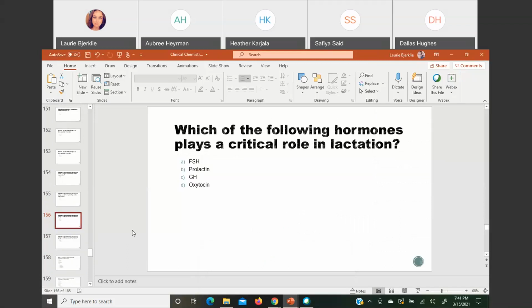Okay, which of the following hormones plays a critical role in lactation? And it's not going to be the one that it looks like it should be. Careful on that. It's not the obvious one.